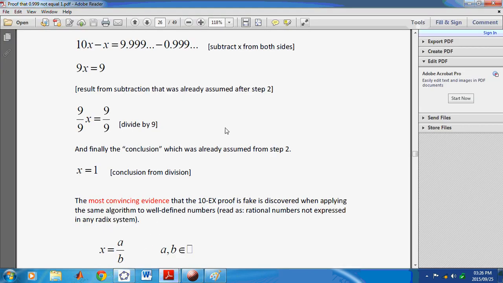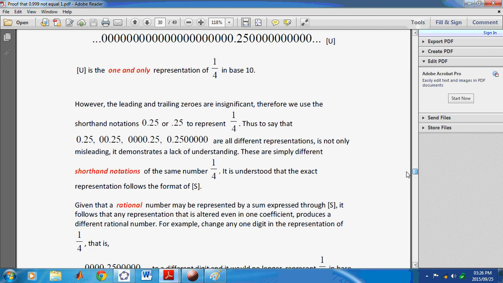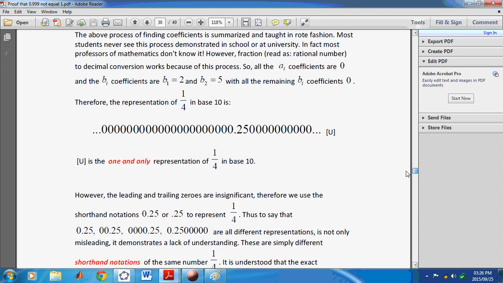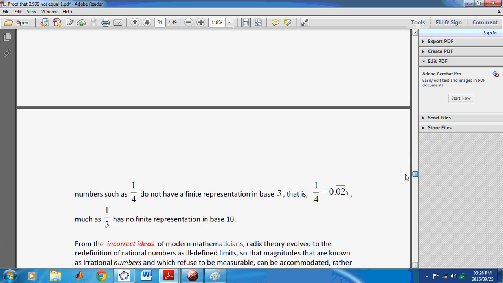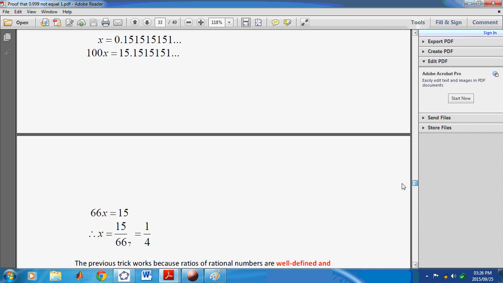Now, this document here that you're looking at has a lot of other proofs inside it, and a lot of other knowledge that you probably have never seen in your life before. Some of it is a little outdated, and I've actually changed my ideas on some things, but not drastically. It doesn't really alter anything as far as the argument goes.